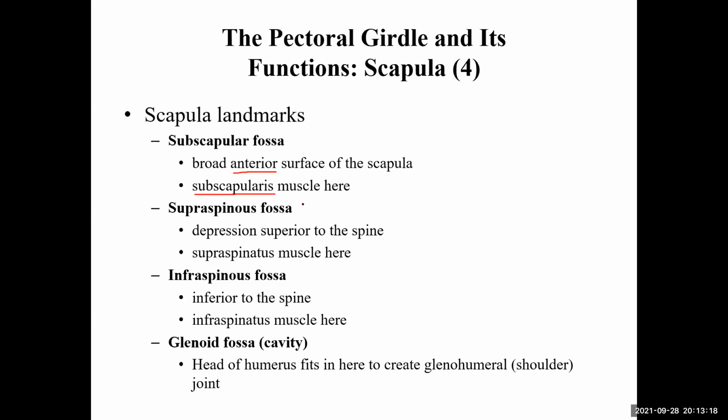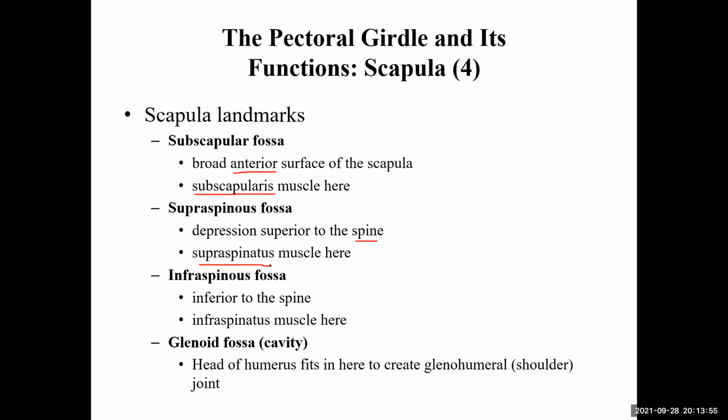Then on the back side of your scapula, remember where the spine of the scapula was? The depression above the spine of the scapula is called the supraspinous fossa. Supra, above, spinous, the spine. And so you have another rotator cuff muscle that sits there, and that's called supraspinatus.